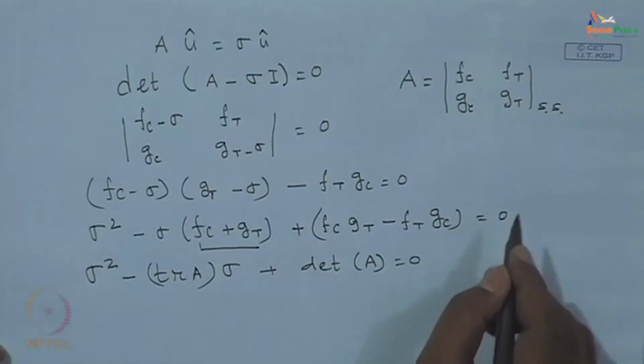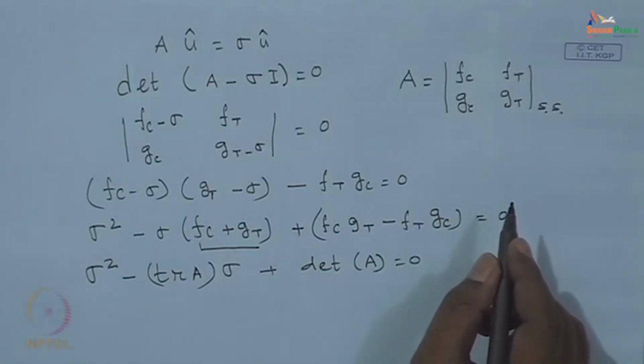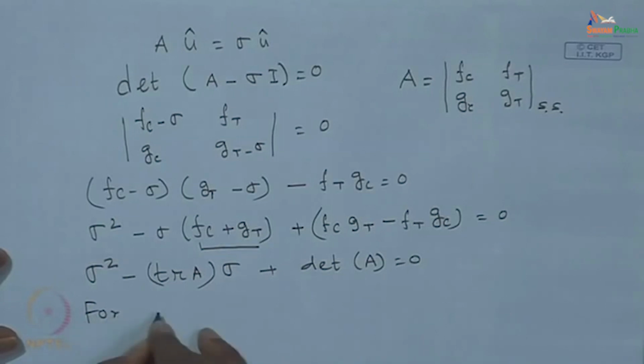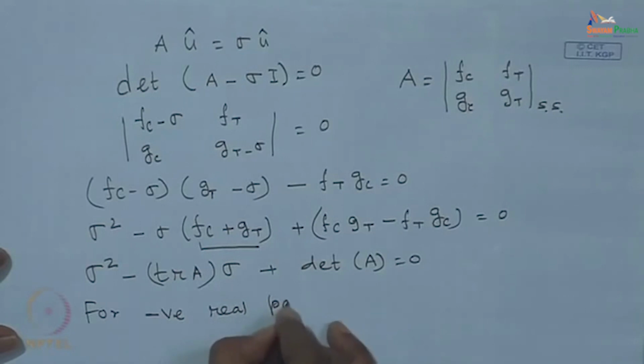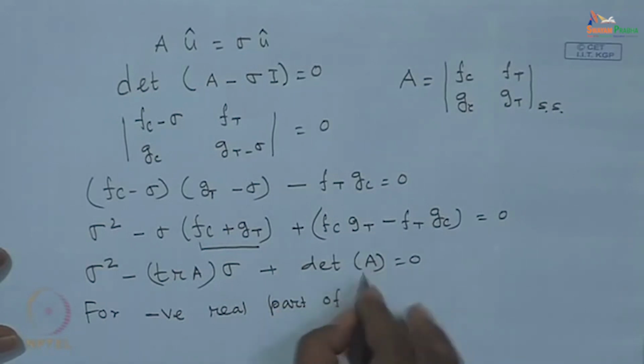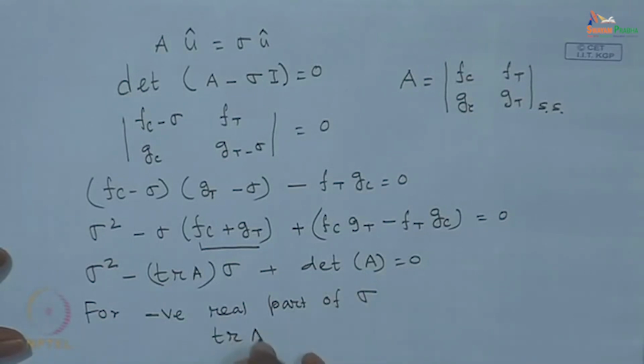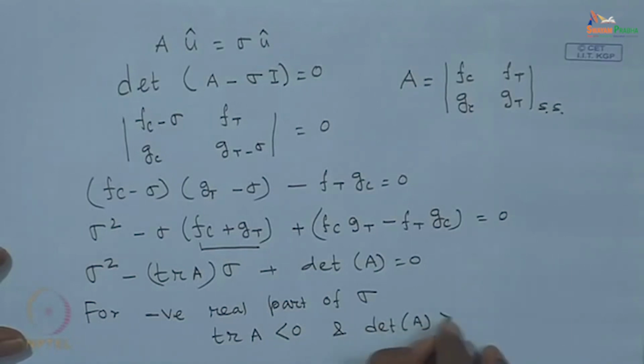Now, for this equation to have roots with negative real part of sigma, we can have the condition that the trace of A should be negative and the determinant of A should be positive. Then only will you have the real negative part of the root sigma.